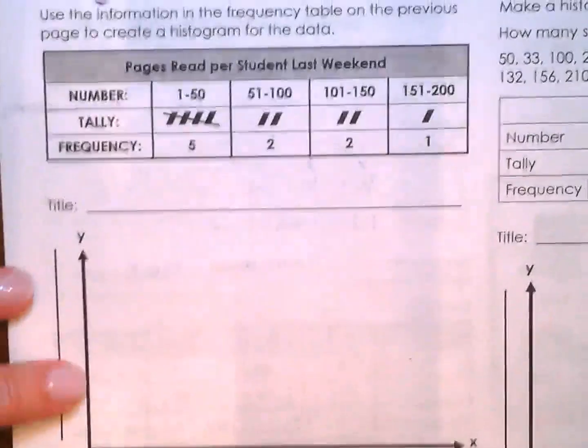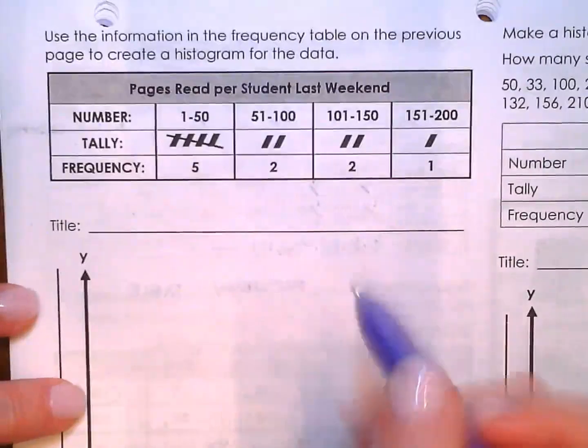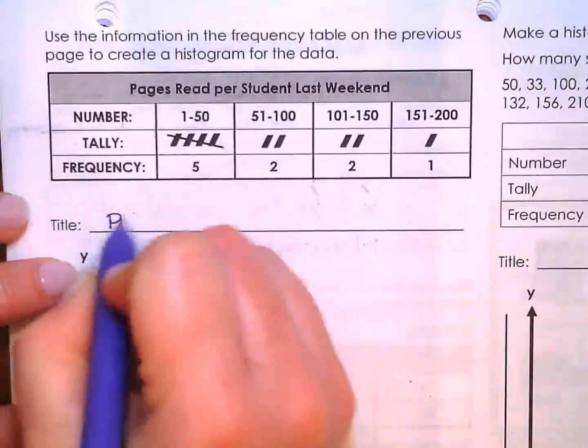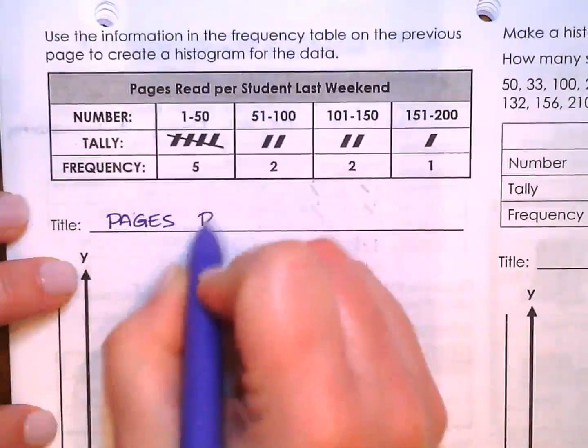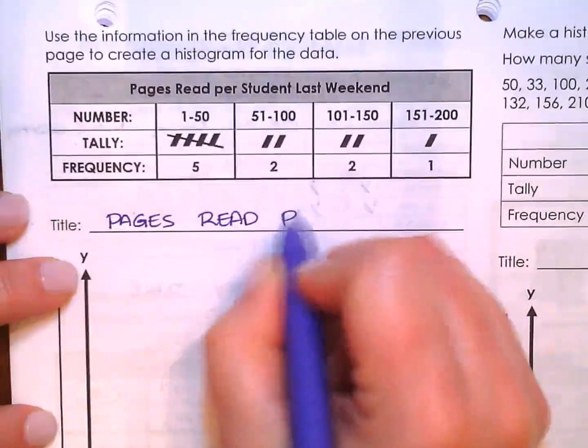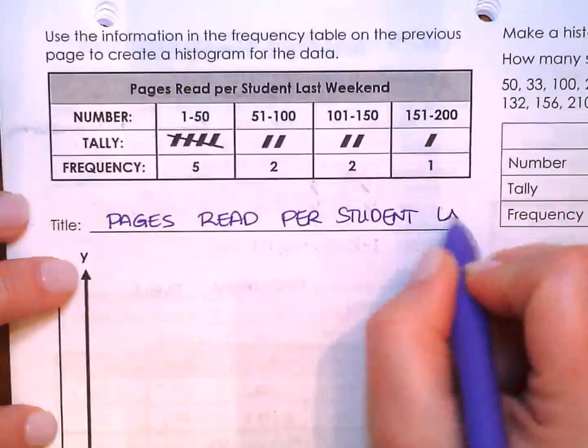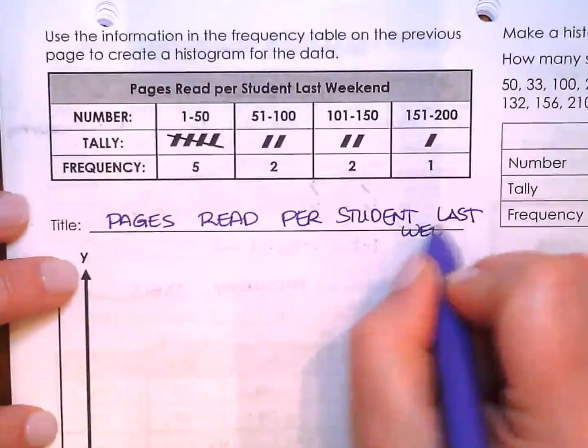All right. If you flip over, you're going to see that that exact same frequency table has been repeated so that we can see it. And so the first thing we have to do to make the actual histogram here is give it a title. So this is pages read per student last weekend.